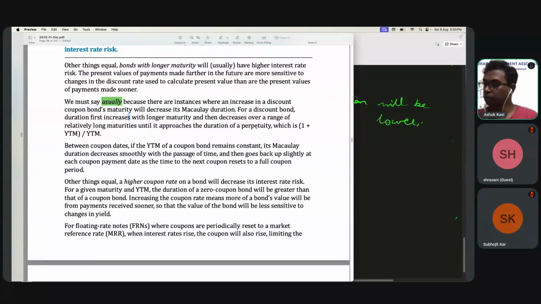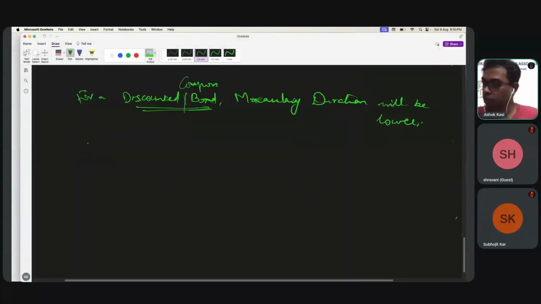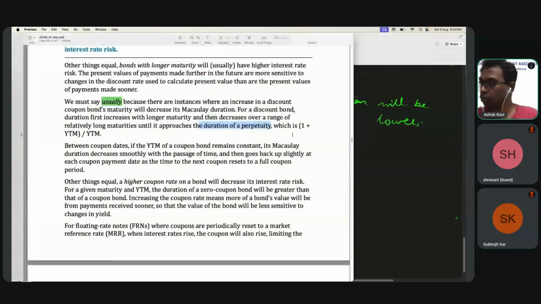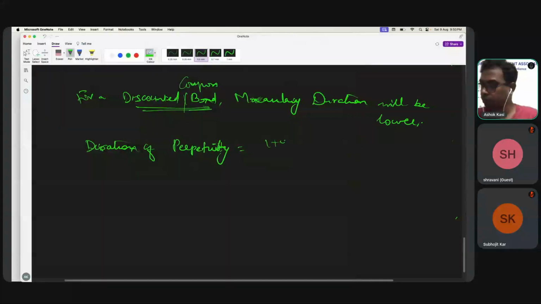If it is a perpetual bond, then what is the duration? Perpetuity means forever, that bond is there, no maturity period. Duration of perpetuity is equal to (1 plus YTM) divided by YTM.